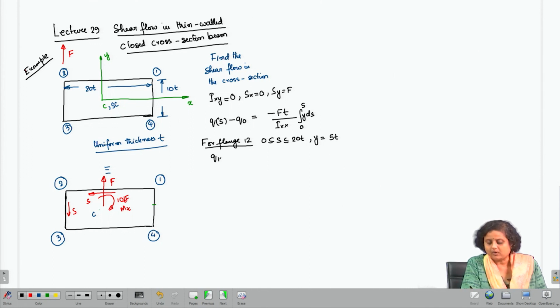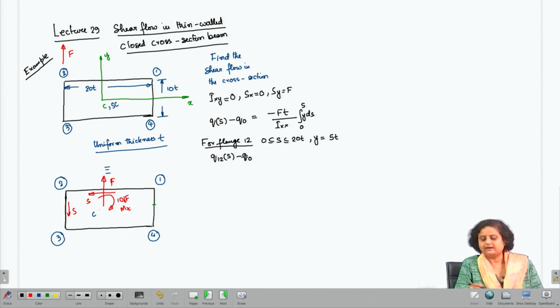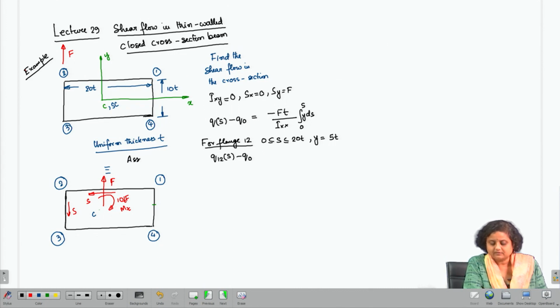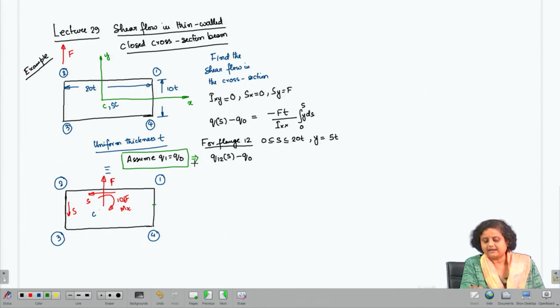Therefore, q12(s) minus q0, where we are assuming q1 to be q0, can be written as 5F t square by Ixx into s.